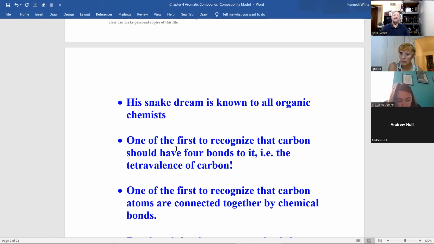And he said, the night before I came up with the idea, I had this dream. The dream was a snake chasing its tail and finally grabbing on and biting onto its tail and going in a circle, just holding on to its tail. And that gave me the idea for benzene. And all good organic chemists know his snake dream.